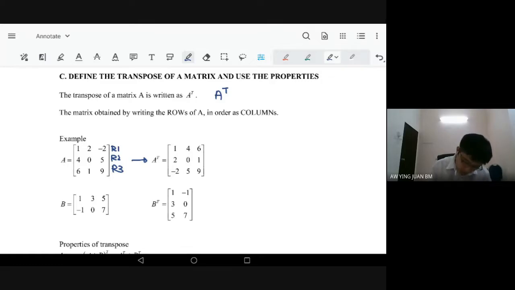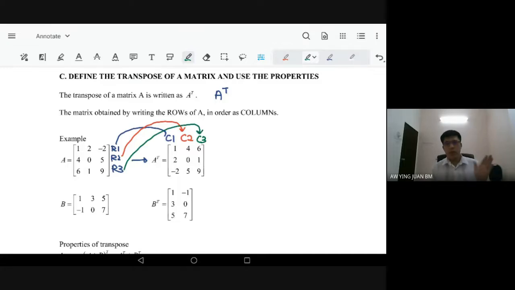So you can see here, column 1: 1, 2, negative 2. The row becomes a column. Next, we have column 2: 4, 0, 5. The third one, column 3: 6, 1, 9.